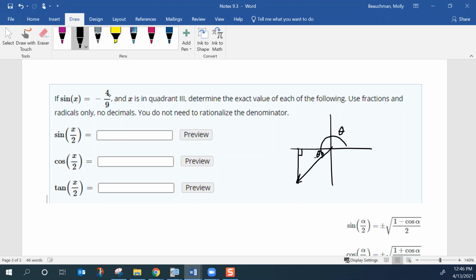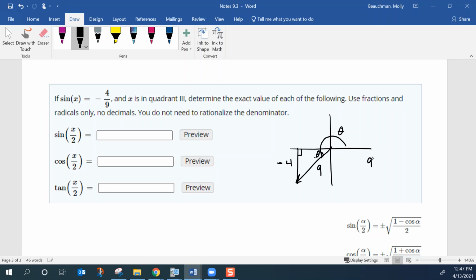The sine is equal to the opposite over hypotenuse. So opposite would have length 4, hypotenuse 9. Now we're in the third quadrant, so the x and y values are negative, so that would be a negative 4. And we want to find that third side. So use Pythagorean theorem.